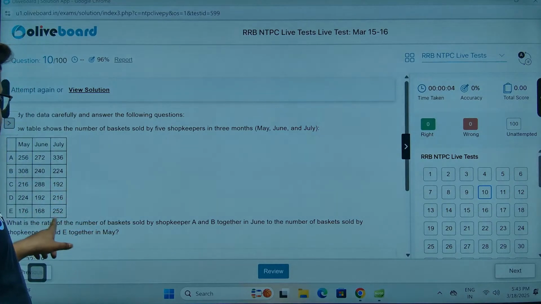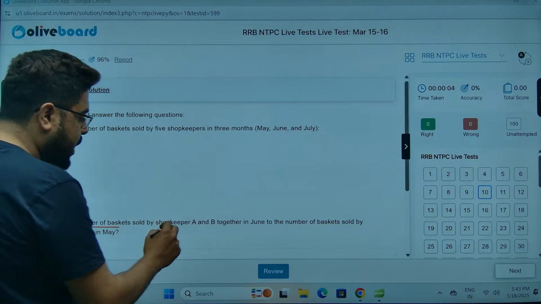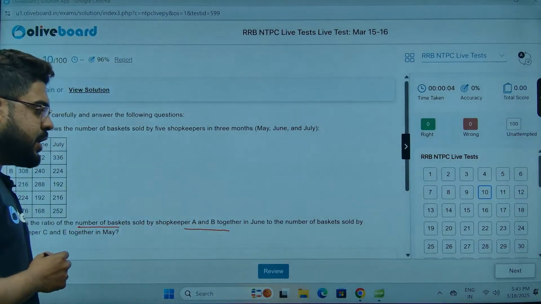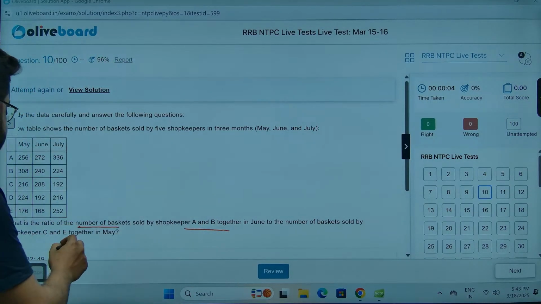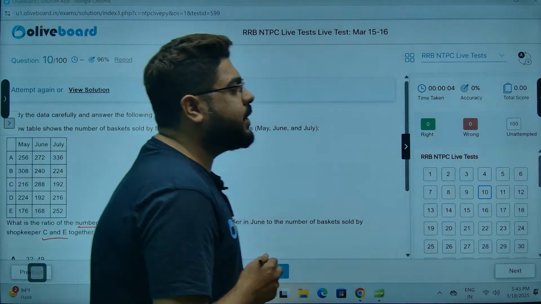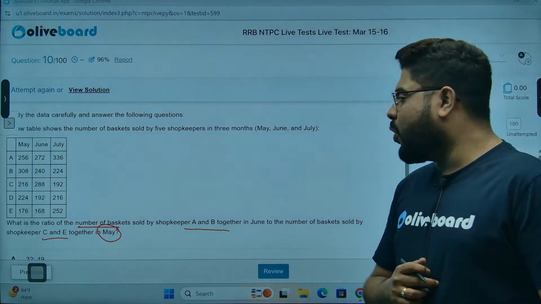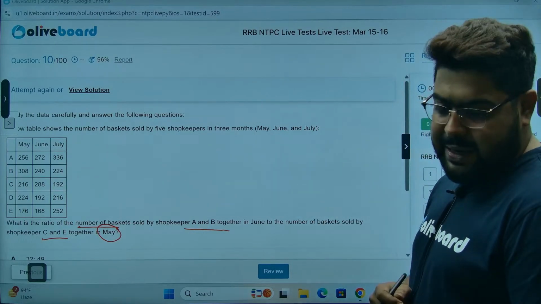Data interpretation. What is the ratio of the total number of baskets of shopkeepers A and B together to the number of baskets of C and E together in May? First step in data interpretation, I told you always, is data picking.